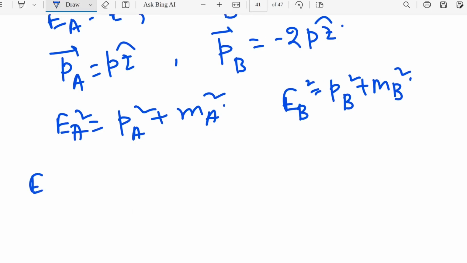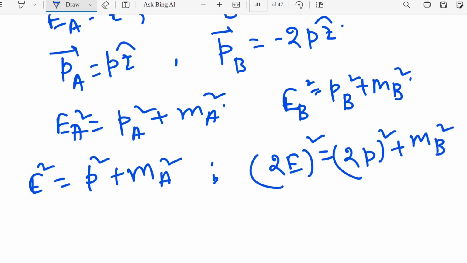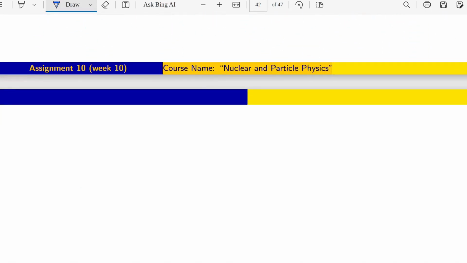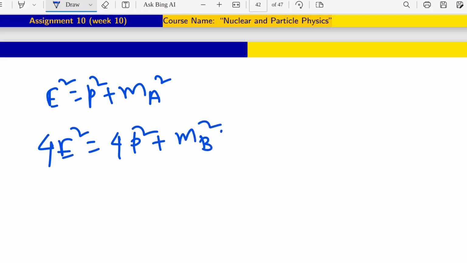Okay. So EA is what? EA is E. So E square is PA square, PA square means P square plus MA square. And EB square is what? This is 2E whole square equals 2 into P whole square plus MB square. So now obviously we can write here P square plus MA square. And the next one is 4E square equals 4P square plus MB square.